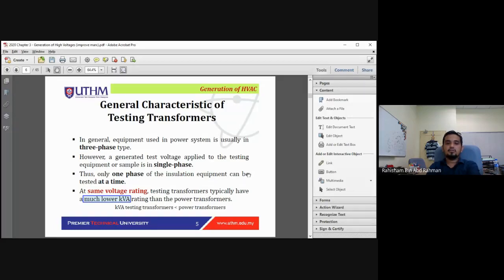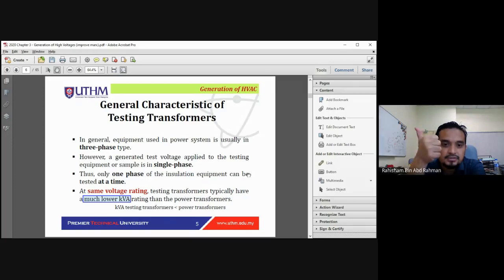That is known as the transformer. So in this section, the role of transformers is very, very important to generate the high voltage source.